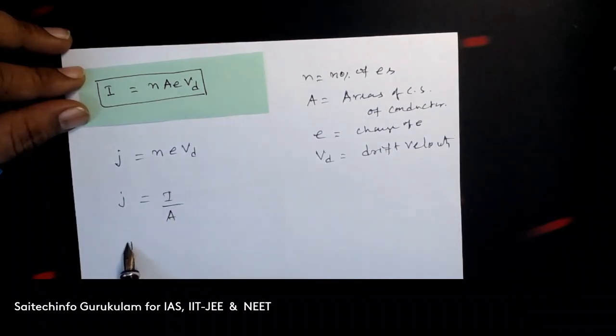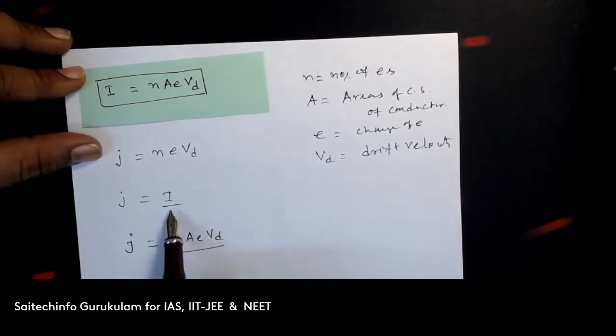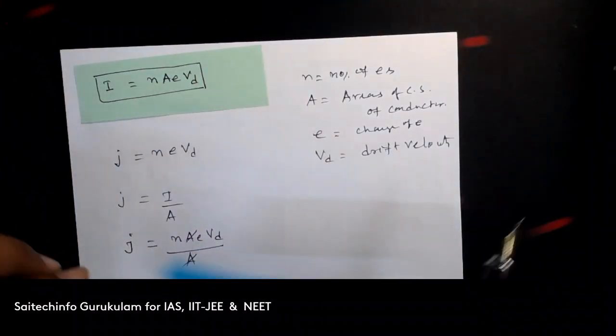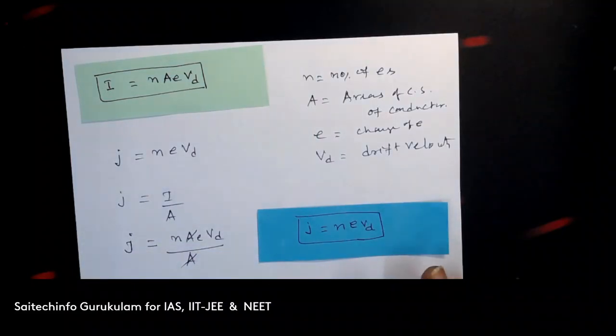Therefore, J is equal to, instead of I, you can put n A e Vd divided by A. So A can be cancelled, and that is why you are able to get J equal to n e Vd. Are you able to follow? So this is a very important result from the drift velocity.